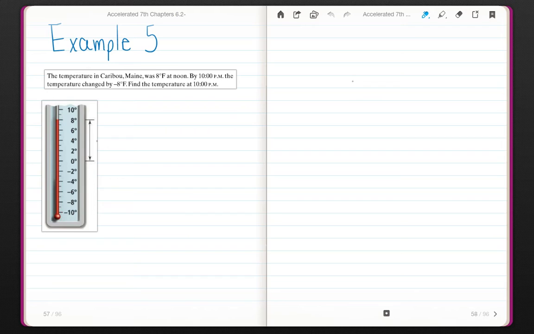So, anytime you have a decrease, whether it is in temperature, in altitude, or in depth, if you're underwater, that is always negative.